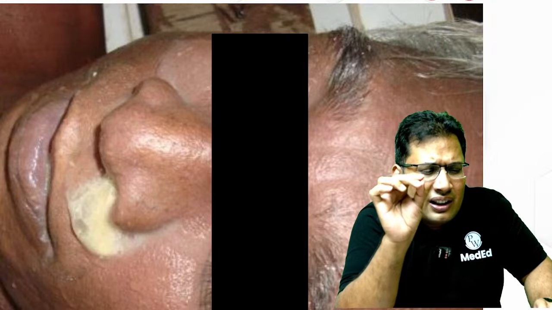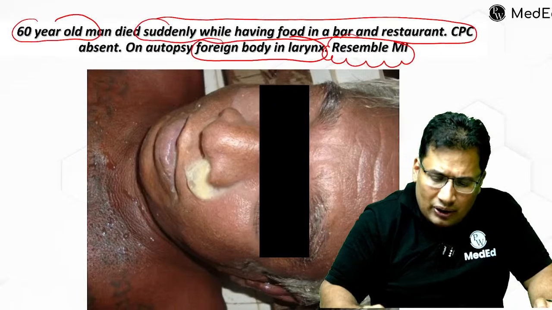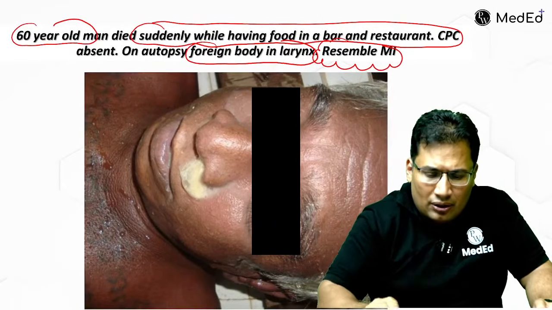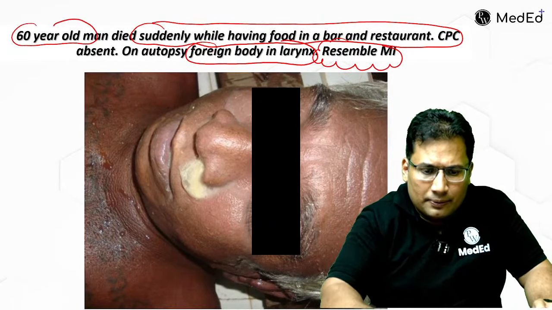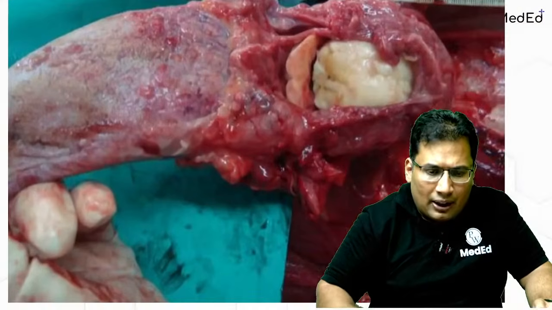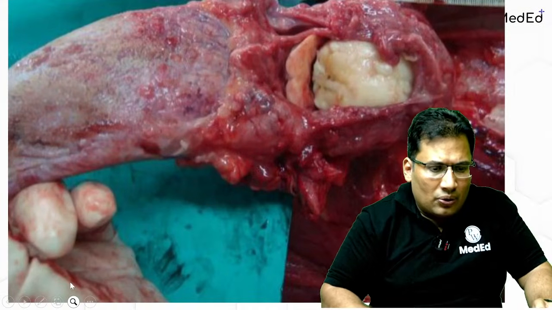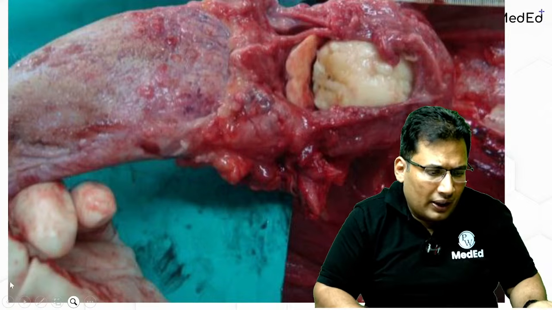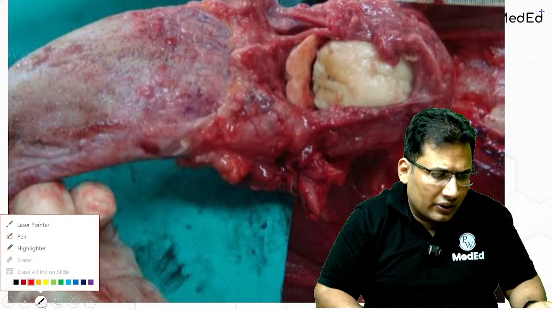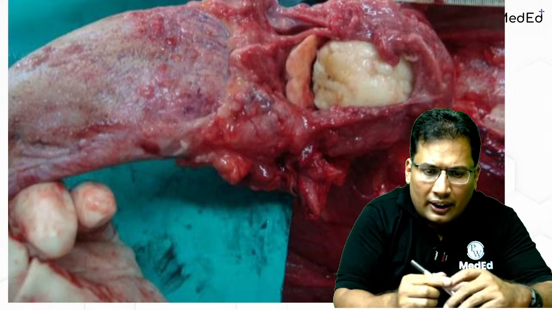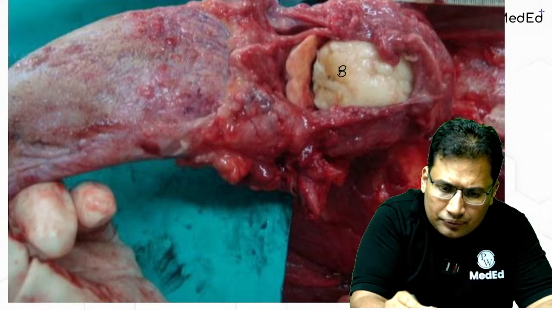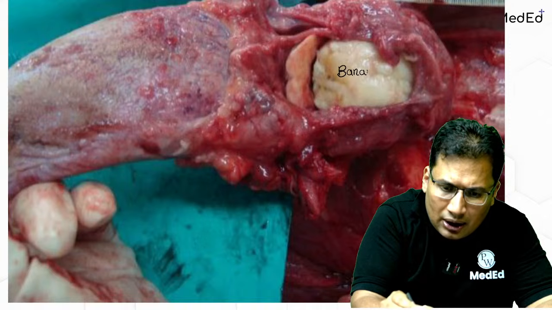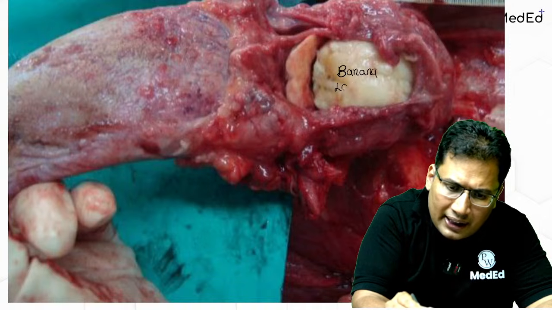The tongue is slightly protruded, and on further examination you can see in this image the tongue, and this is the banana found in the larynx.